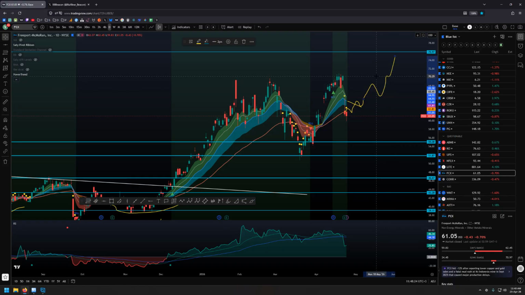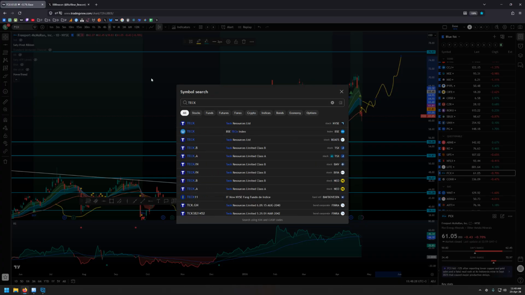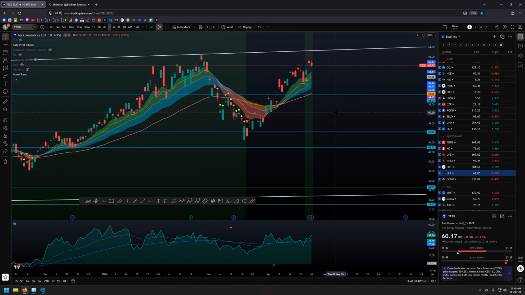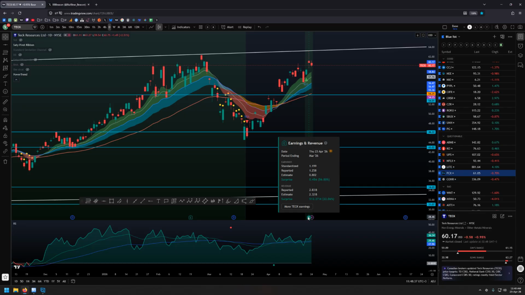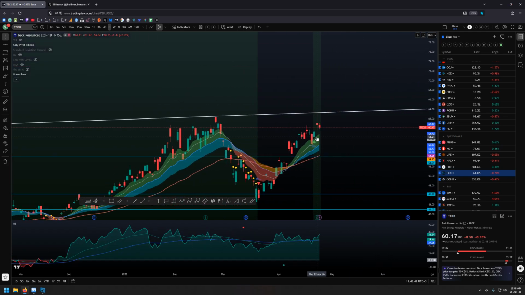And why I'm biased bullish on this one is because if we look at something similar like Teck, which is also copper and stuff, it also triggered a buy signal at the same time. But because it didn't have any reason for weakness, because their earnings were okay and they didn't have the accident thing, this one is staying okay. It got faded on the earnings, but doesn't really matter that much.